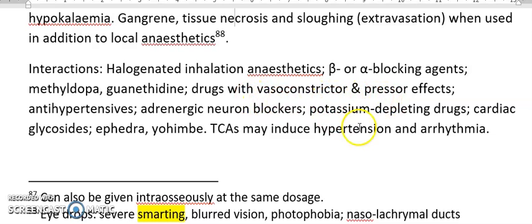So the potassium depleting drugs, drugs that cause loss of potassium. You have to be careful when giving this kind of drugs together with adrenaline.